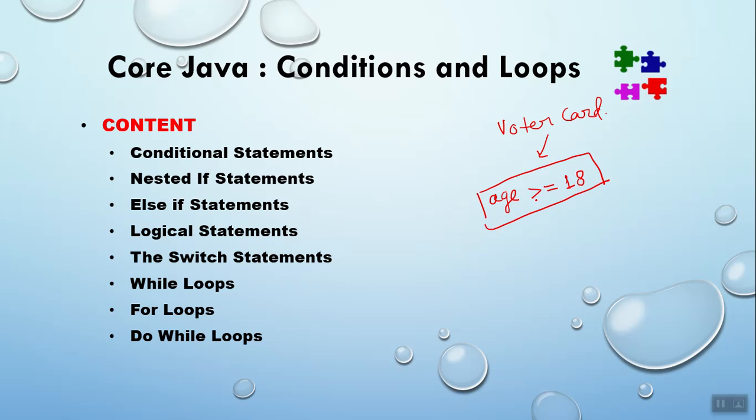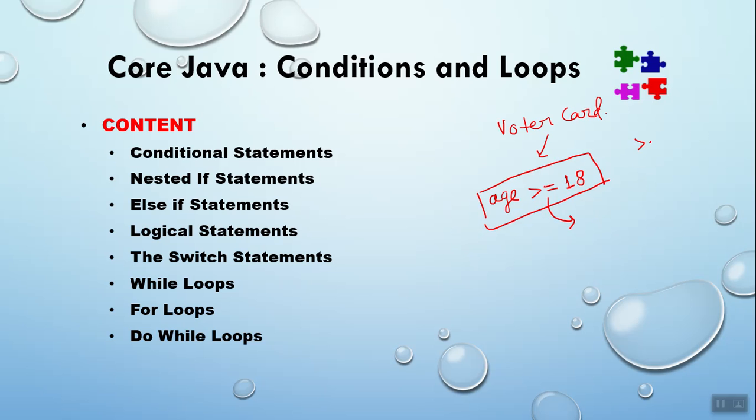So what does it mean? It means that suppose you are going to distribute the voter card, or you want to verify whether this person is eligible for a voter card or not, so what you need to do is check the age. This is basically the conditional operators. There are many conditional operators.